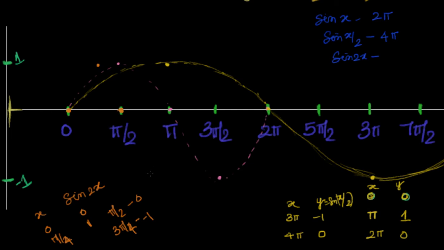Then at pi, 2 pi equals 0. Now you can see that earlier the graph looked like this. Once I have made it x to 2x, it changed to this. Let me just draw that and show you how it became.